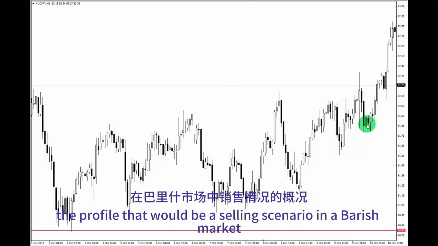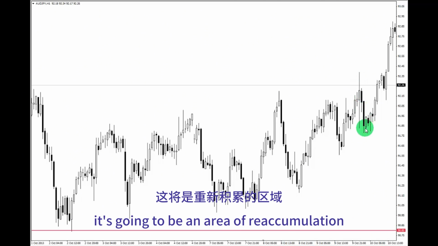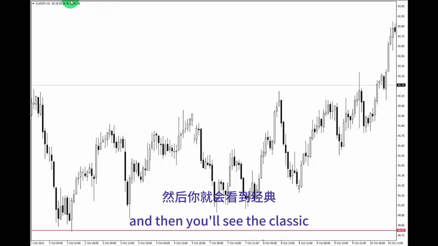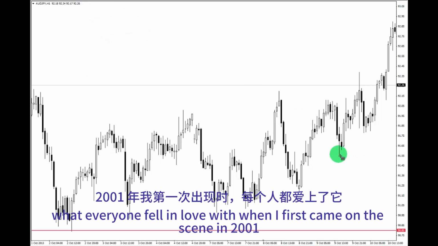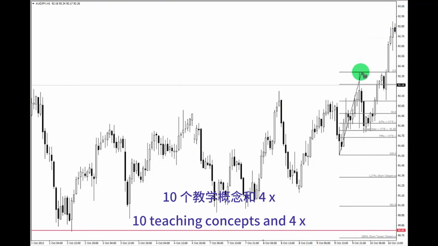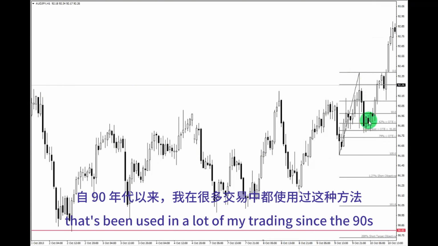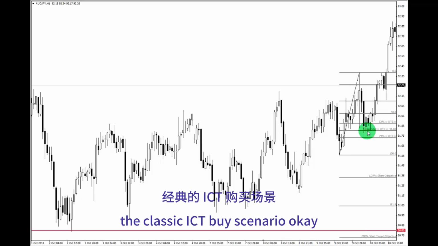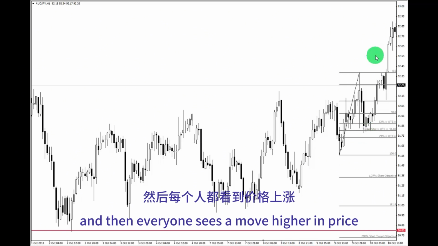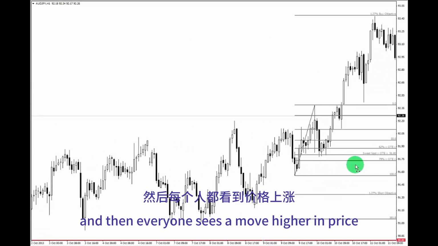So in other words, the profile that would be a selling scenario in a bearish market is going to be an area of reaccumulation. And then you'll see the classic, what everyone fell in love with when I first came on the scene in 2010, teaching concepts in Forex that's been used in a lot of my trading since the 90s, the classic ICT buy scenario. And then everyone sees a move higher in price.